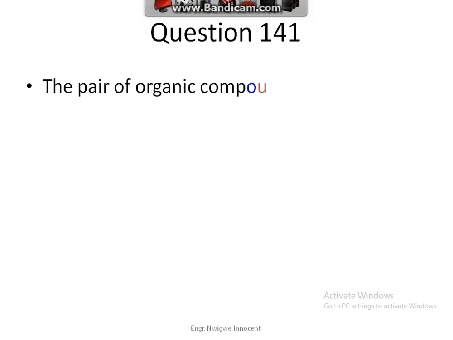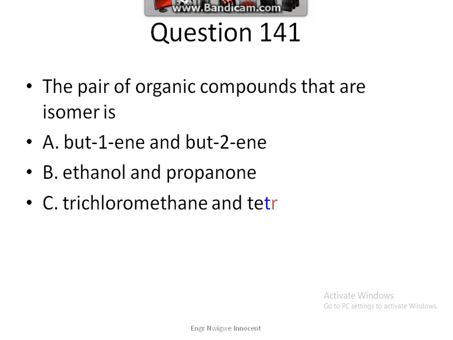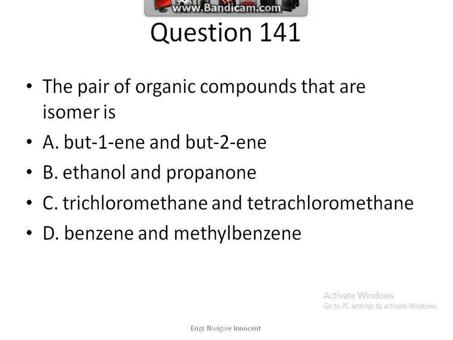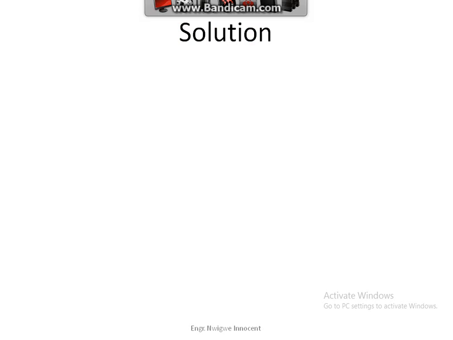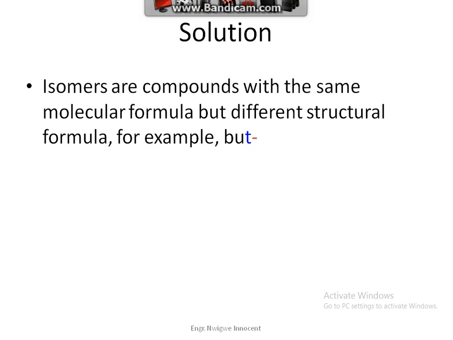Question 141. The pair of organic compounds that are isomers is A. But-1-ene and but-2-ene, B. Ethanol and propanol, C. Trichloromethane and tetrachloromethane, D. Benzene and methylbenzene. Solution. Isomers are compounds with the same molecular formula but different structural formulas.